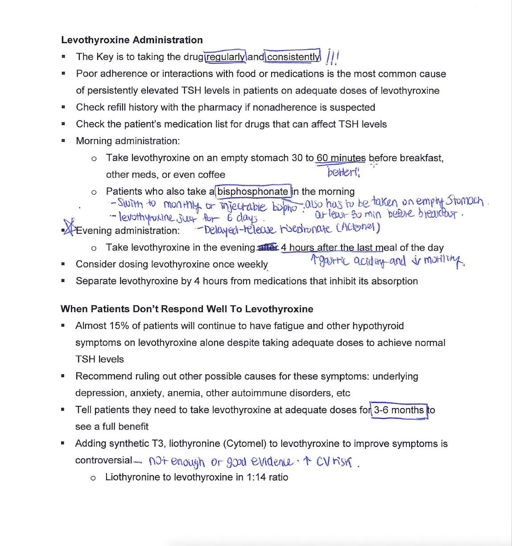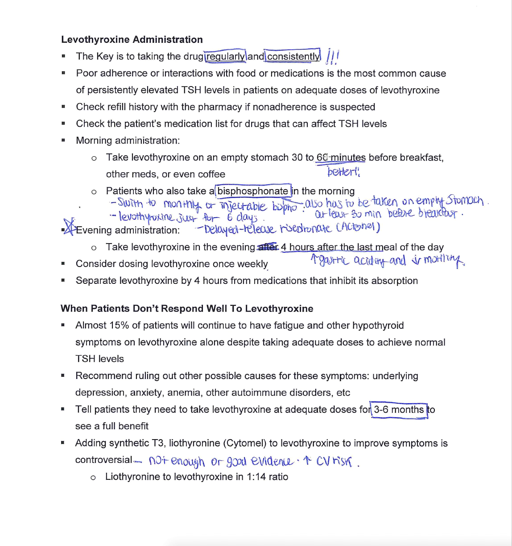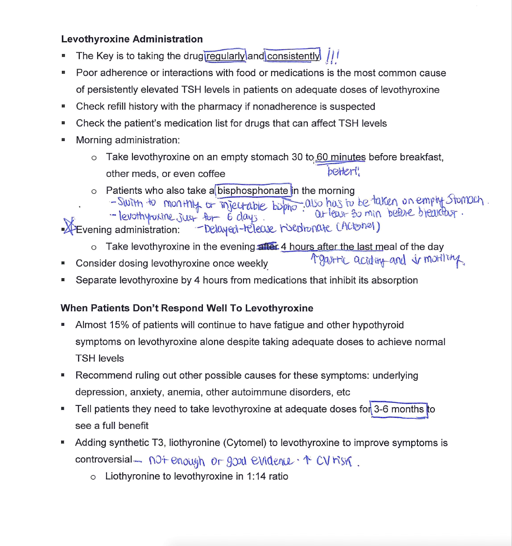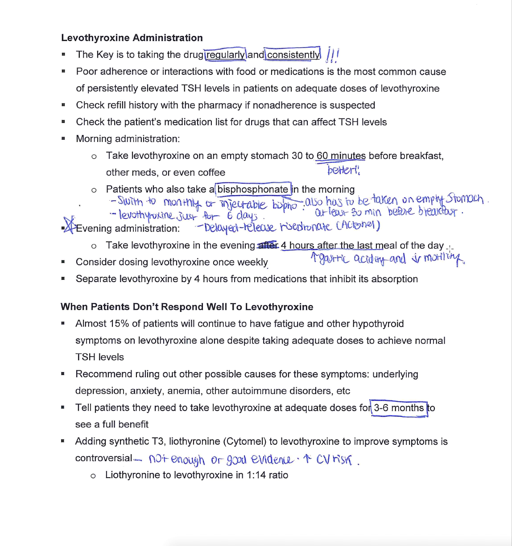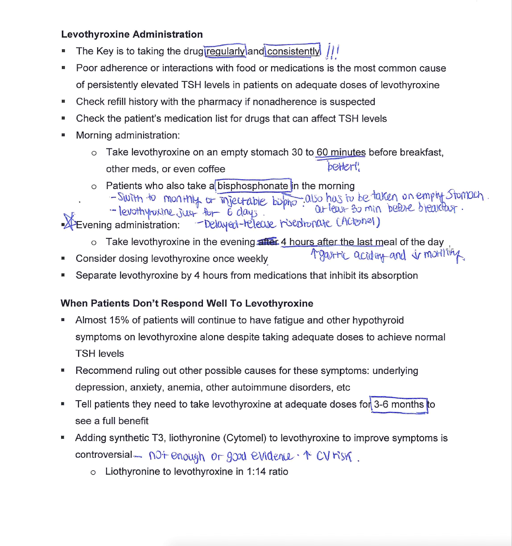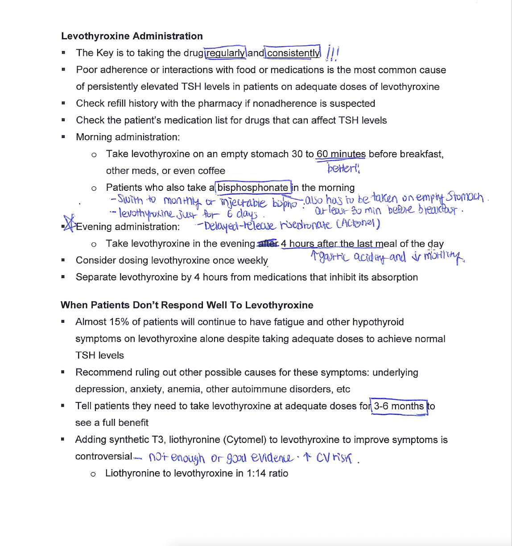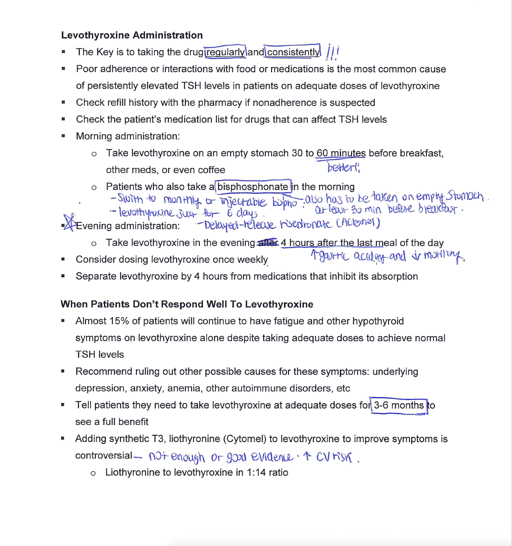However, when the patient is not waiting enough to eat their breakfast, taking it in the evening at bedtime would probably be a better strategy. And some theory behind that is that an acidic stomach environment is what we desire for better absorption of levothyroxine.